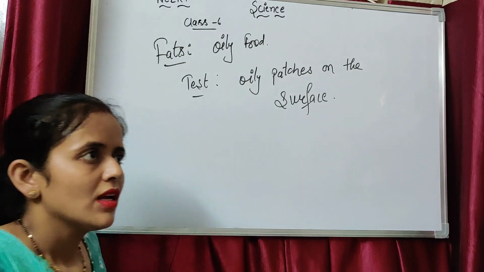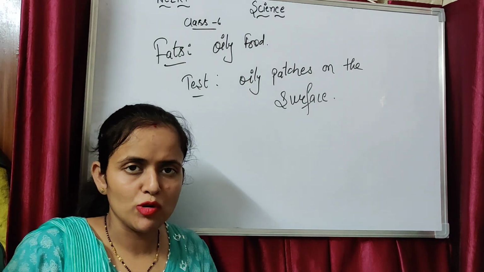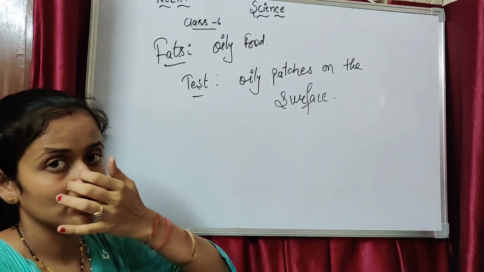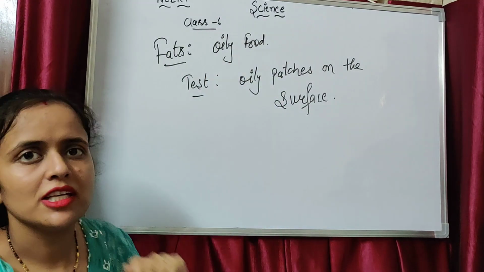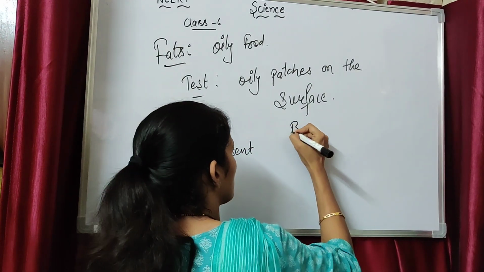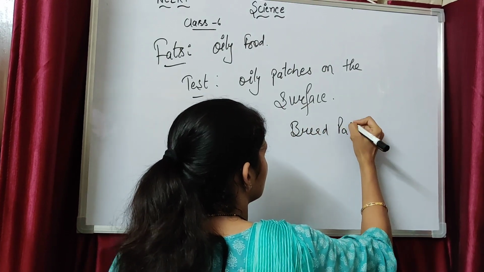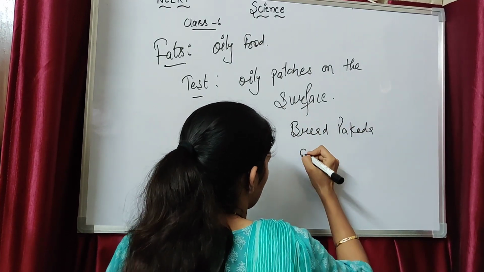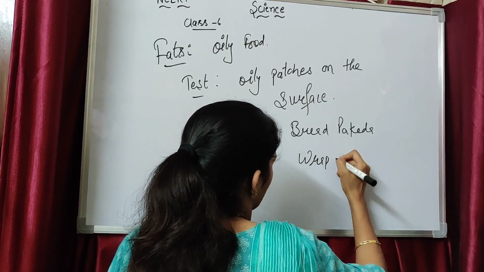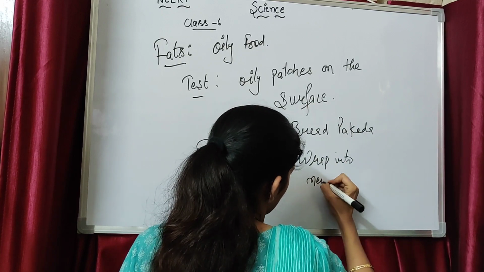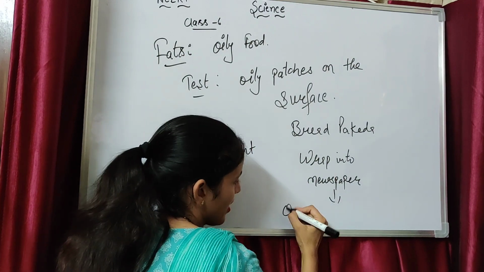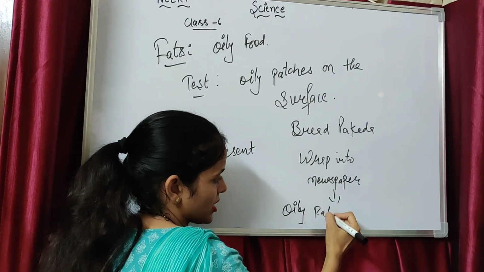Okay, for example, if we take a bread pakoda on a newspaper, then the newspaper becomes oily. That shows that bread pakoda is an oily food. Fat is present there. Wrap the bread pakoda in newspaper, and then what we have to see is whether the newspaper has oily patches.